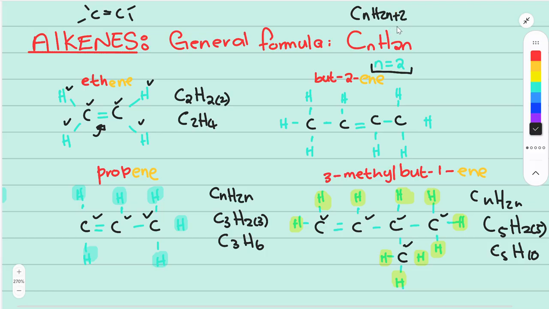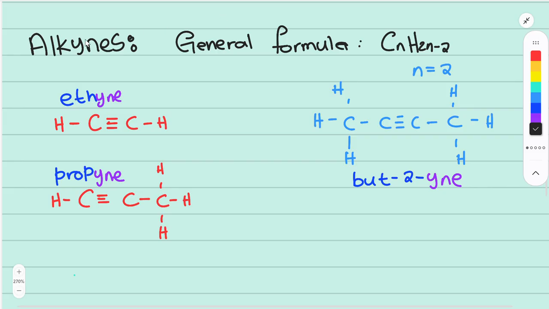So you remove one bond, you add two hydrogens; you add one bond, you remove those two hydrogens, then it's going to be CnH2n. You're going to see that it's the same thing for your alkynes as we move to them. The alkynes have a general formula of CnH2n minus 2.